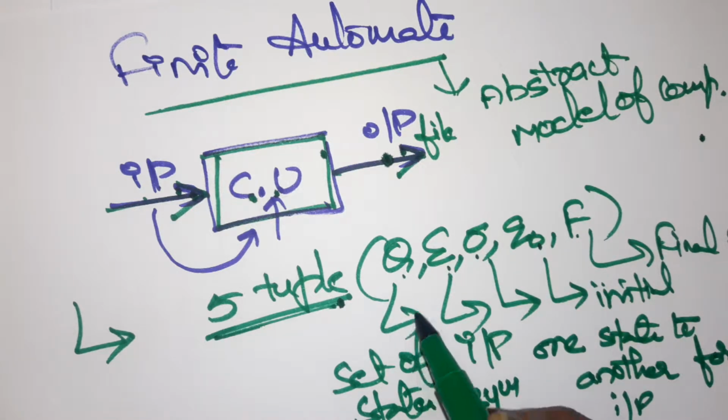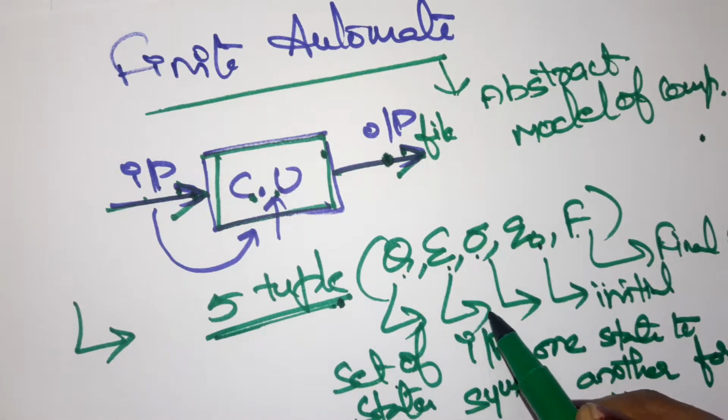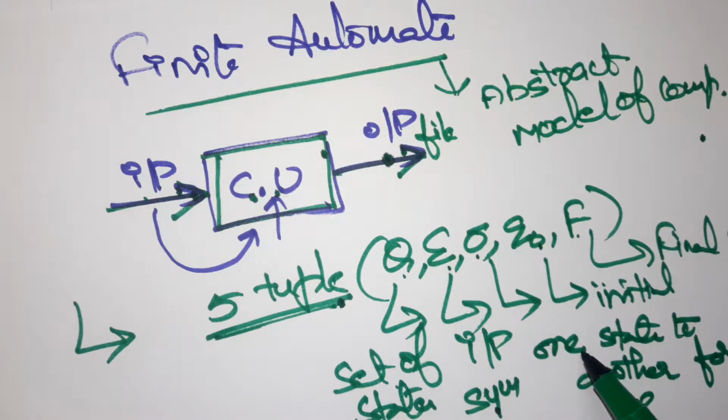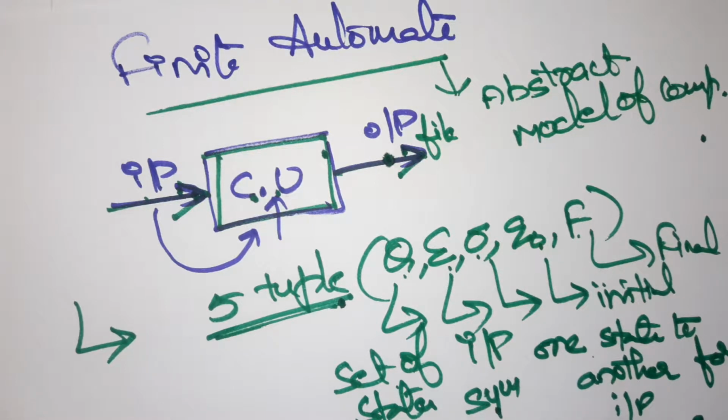Q is a set of states, sigma is a set of input symbols, and delta is a transition function. It takes one state to another state for a given input. For example, the transition function of Q naught on A produces one state to another state for a given input.